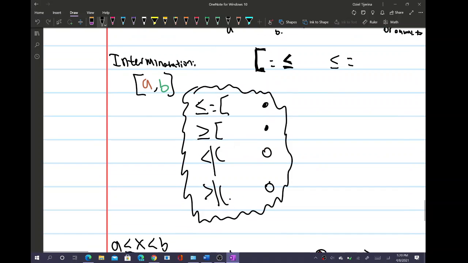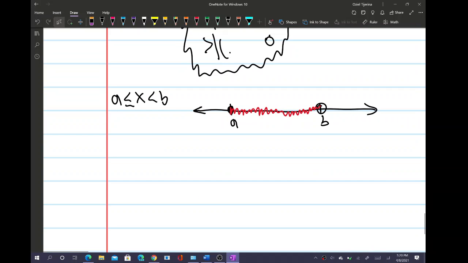Now, in interval notation, one good way to think about it is if you have a closed circle, you make a closed fist and look at the shape of your hand from your thumb to your index finger, and you see how it looks like a bracket, right?